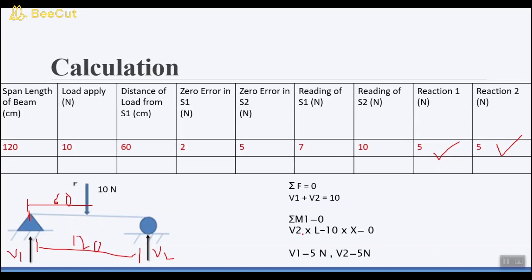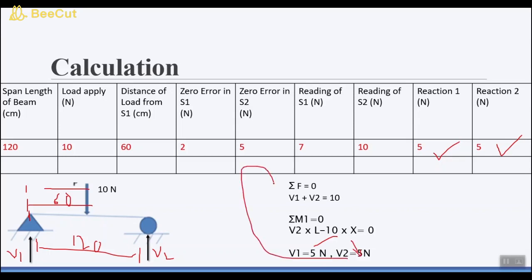So V2 into L minus 10 into X is equal to 0, where I call this distance X. Then I put the value of X, which is 60 centimeter. After that I get the value of V2 as 5 Newton.